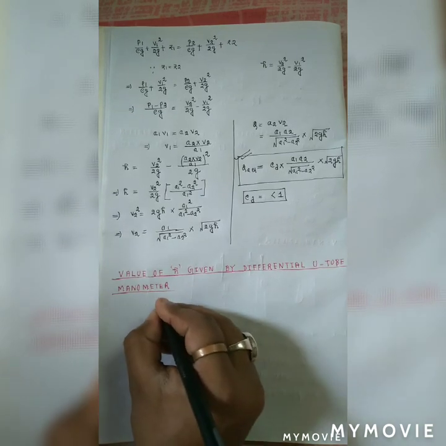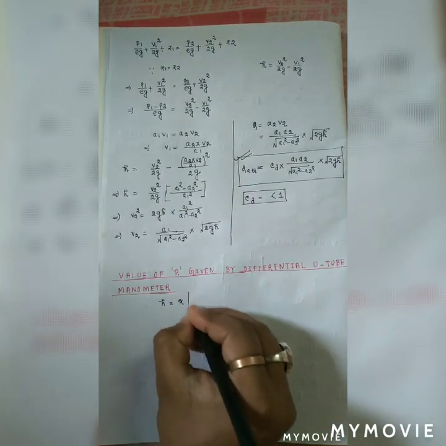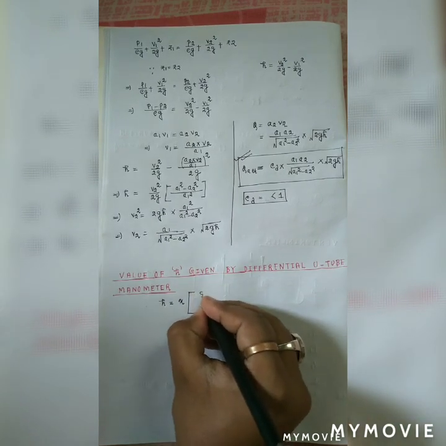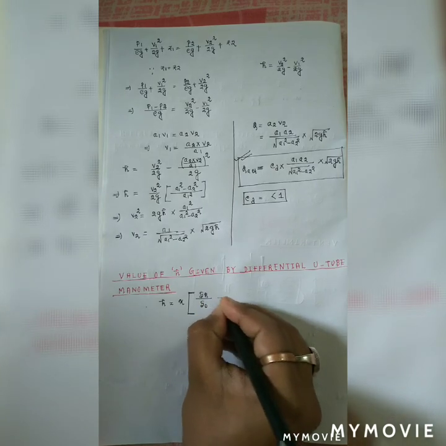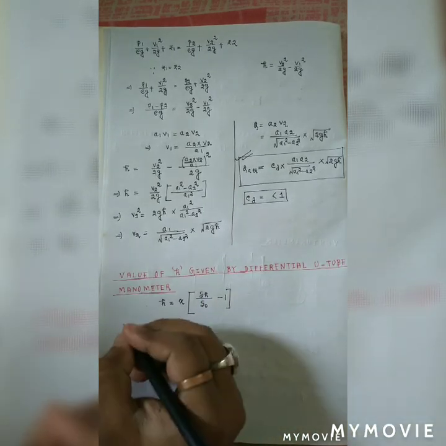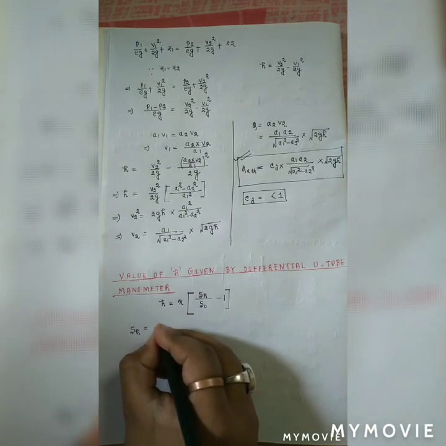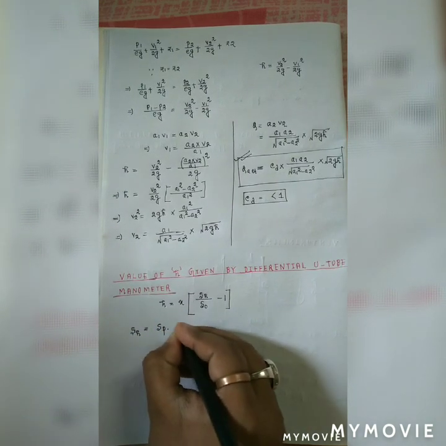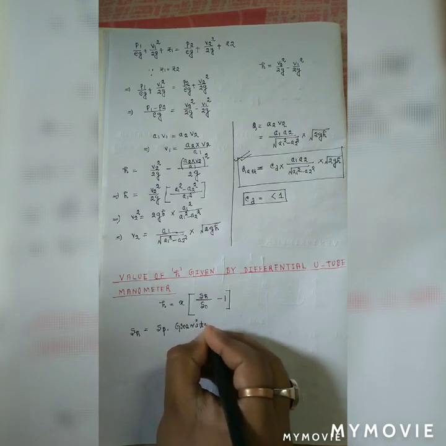Okay, now the next portion, that is the value of small h given by the differential U-tube manometer. Actually small h equal to x in bracket Sh by So minus 1. But what is So and what is small x?